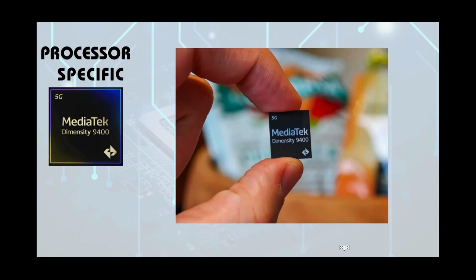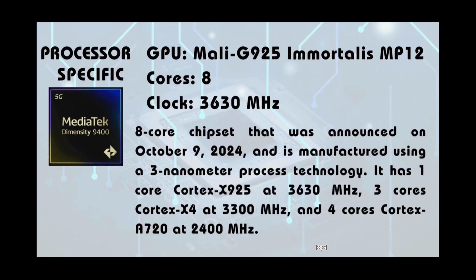That's 10 millimeter by 10 millimeter, and it has one Cortex X925 core running at 3630, three Cortex X4 cores at 3300 megahertz, and four Cortex A720 cores at 2400 megahertz, summing to 8 cores used in the MediaTek Dimensity 9400.